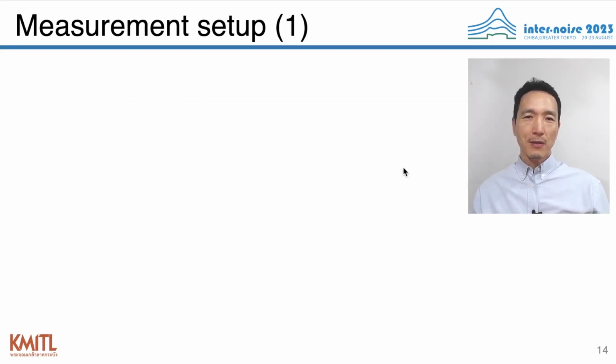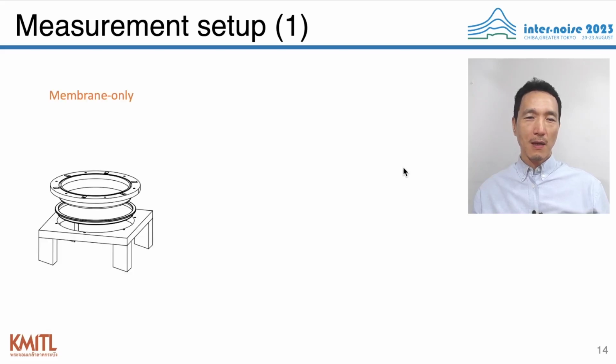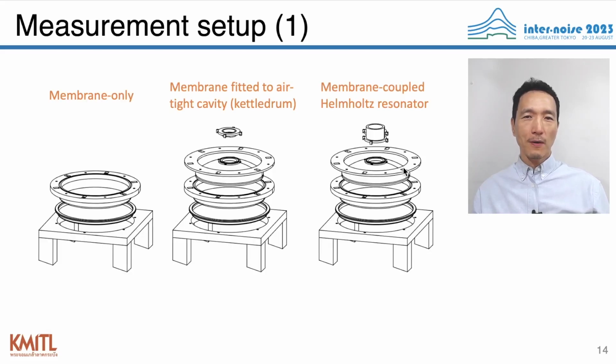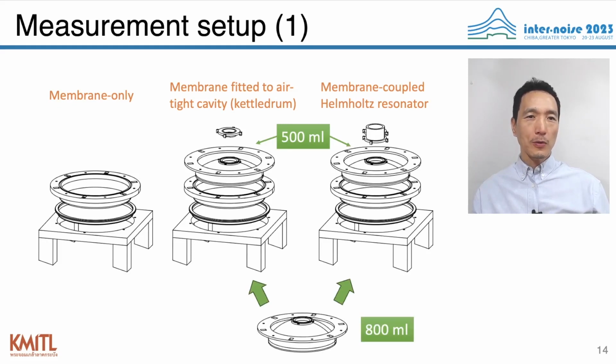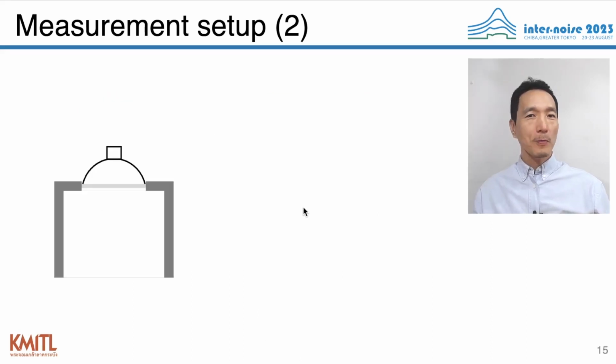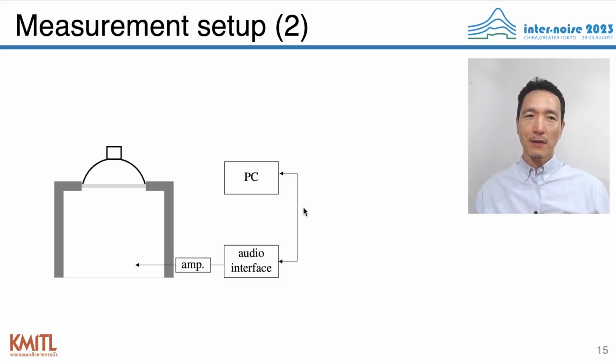So we measure the frequency responses of these 3 systems, where the first cavity volume was 500 milliliter for the kettle drum and MCH, but we also measured for a bigger cavity of 800 milliliter. With one of these systems mounted to the frame, a shaker was driving the membrane at the center, exciting the zero-n modes mostly.